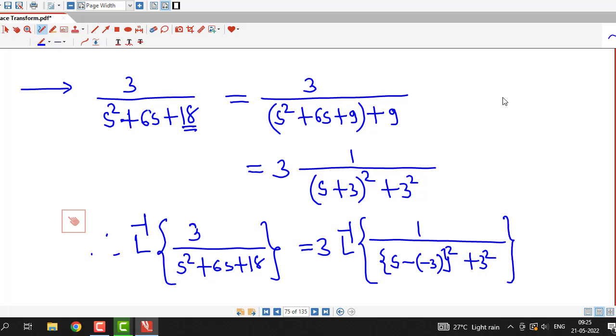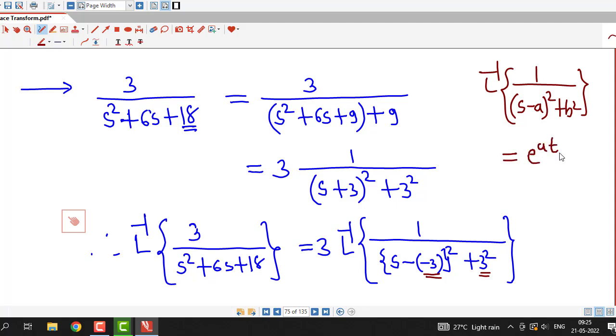So now I can compare with this formula, L inverse of 1 divided by s minus a square plus b square. If you compare with this, the value of a is minus 3 and the value of b is 3, and the formula is e raised to at sin bt divided by b.